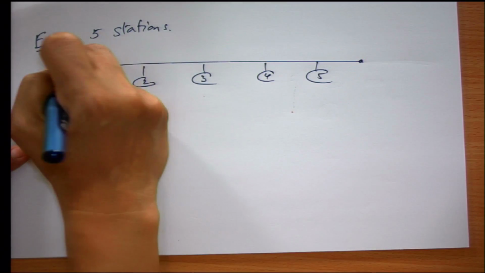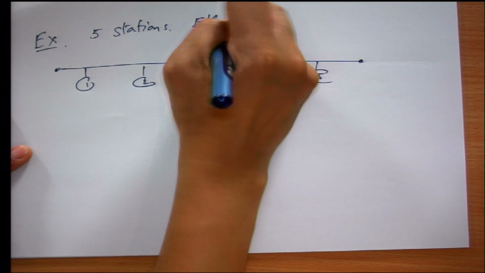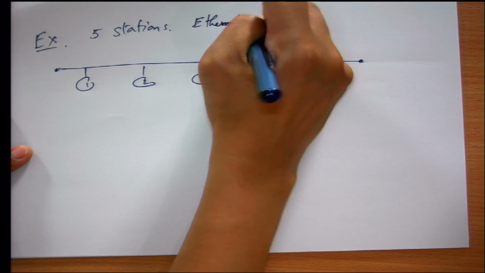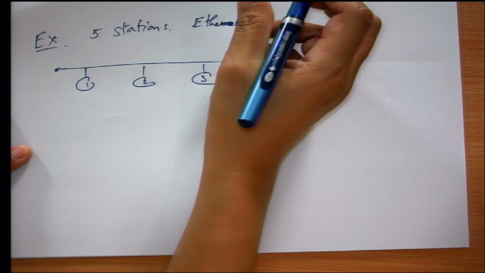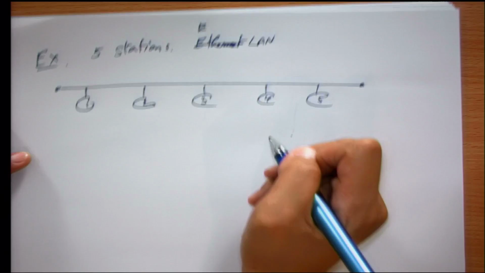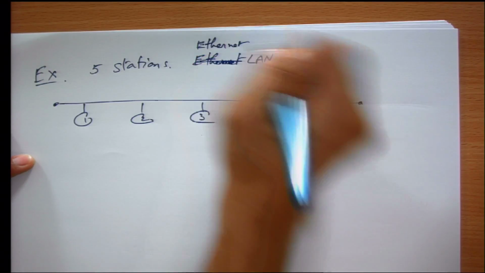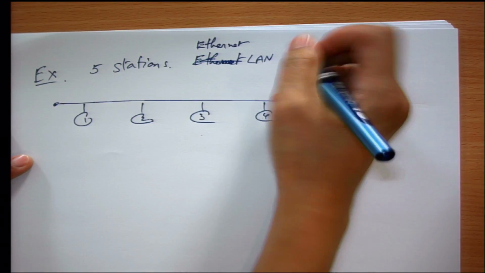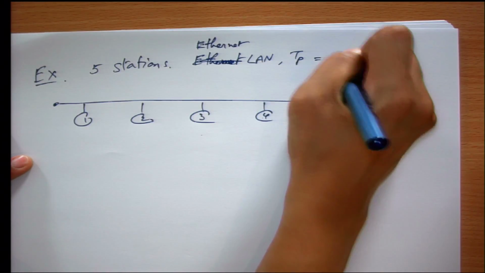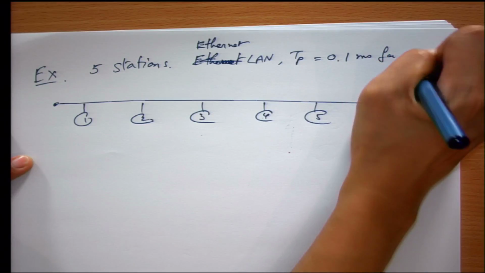Use the CSMA/CD Ethernet, with t_p equal to 0.1 millisecond for d meters.